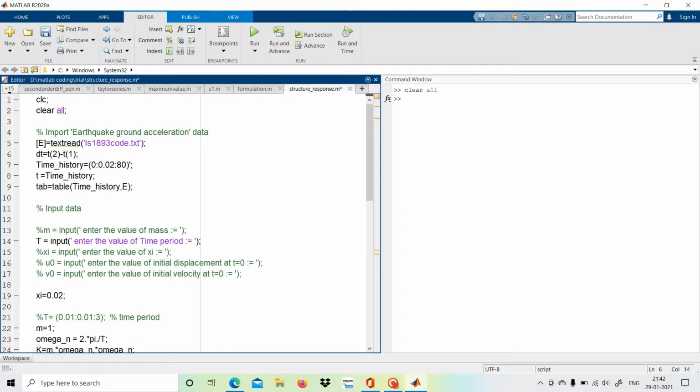Just a minute, just after it we are placing it. Okay, now we have the time history. We are making a symbol, small t, representing that time history.